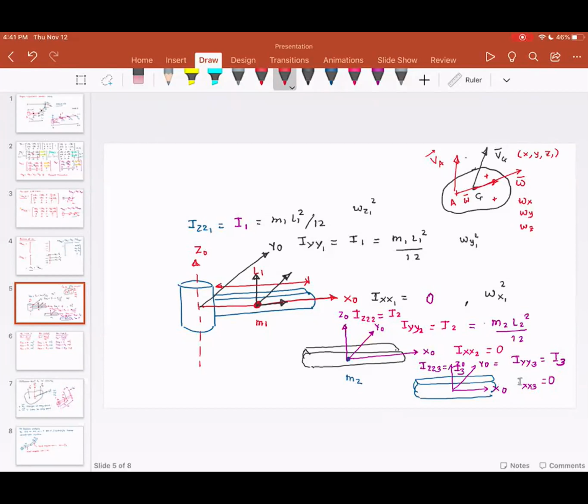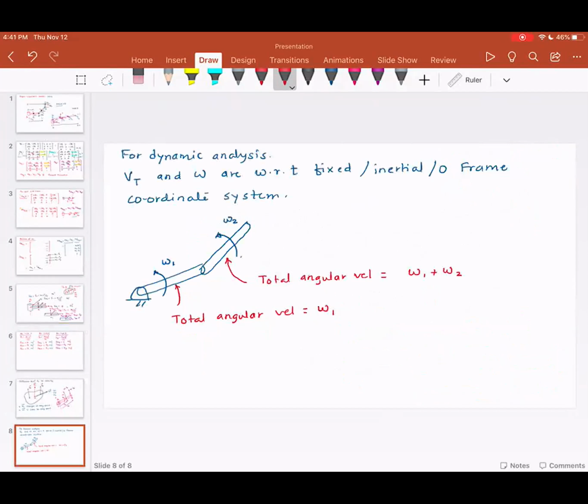And this is an important concept, because please try to understand that you try to work out a problem, and what happens is the robot is shown something like this. And let me show you how the robot would look like. So for an example, the robot is shown in this orientation.